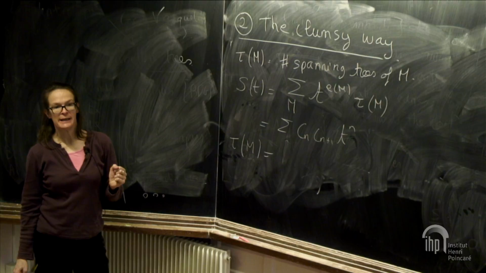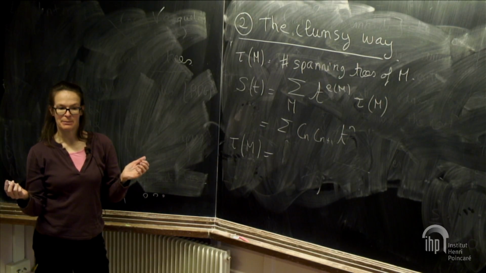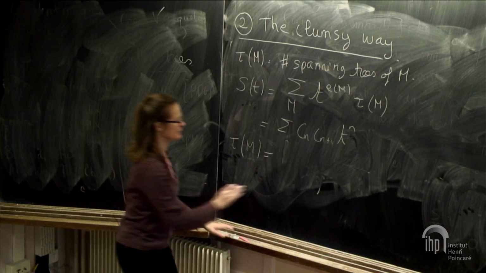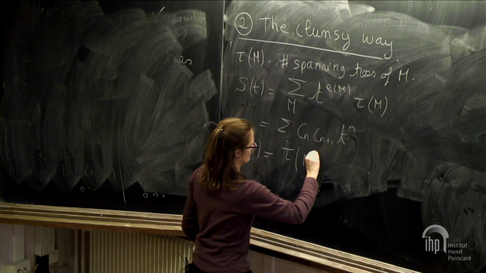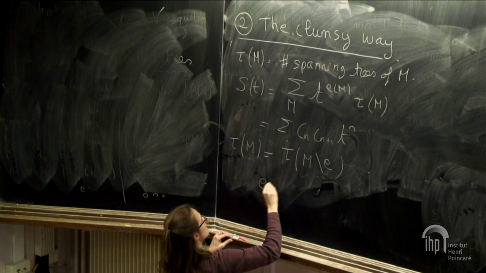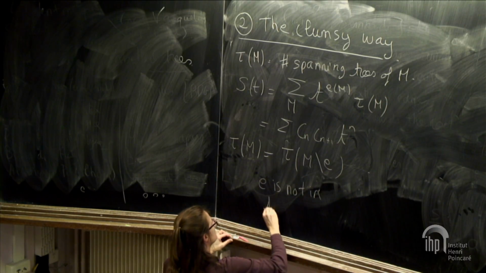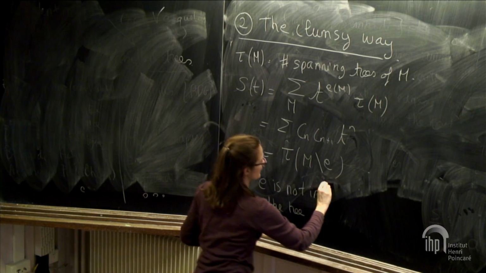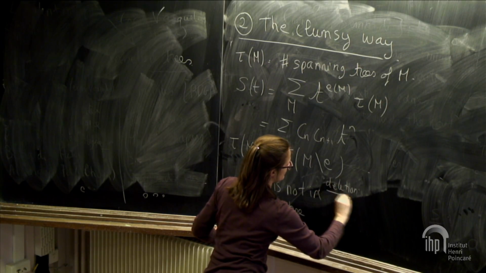So what you really have is a spanning tree of the map from which you have removed the edge E. So I claim, so here that's when E is not in the tree. And that's the deletion of E, by this notation.